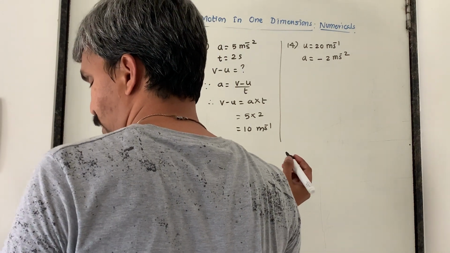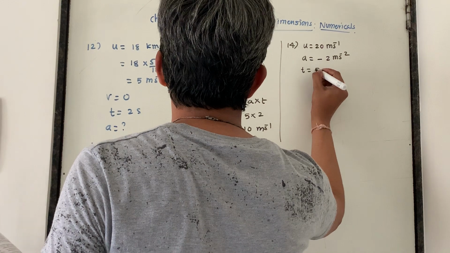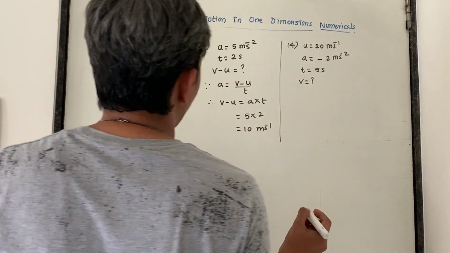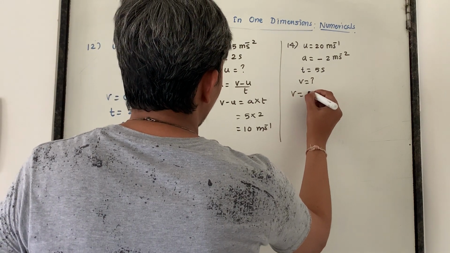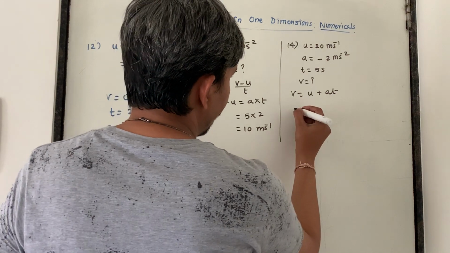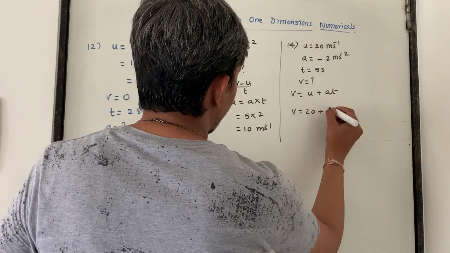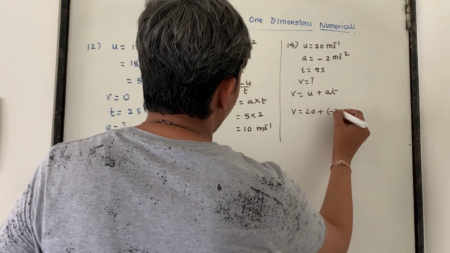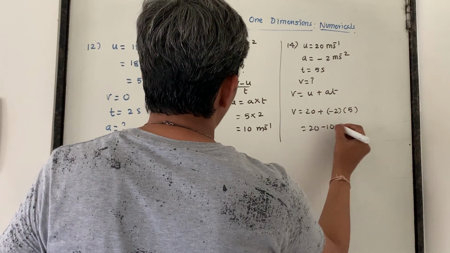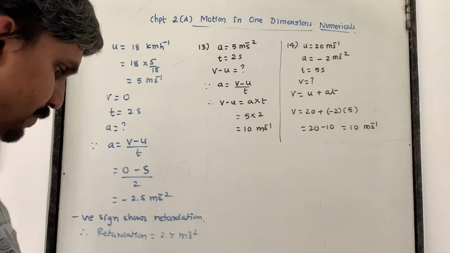What will be the velocity after 5 seconds? t is given as 5 seconds. V is asked. So write here v is equal to u plus at. This is the equation. Here v as it is, u is 20 plus a, instead of a I am writing minus 2, t will be 5. So this is 20 minus 10, that is 10 meter per second. This is the 14th.